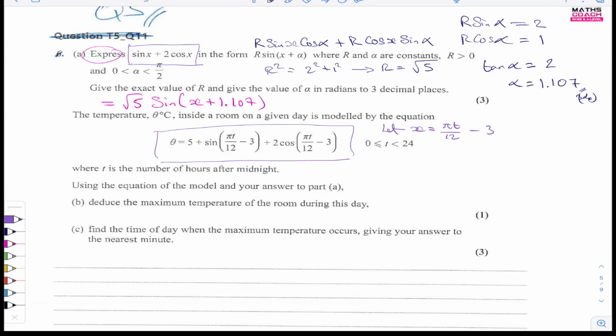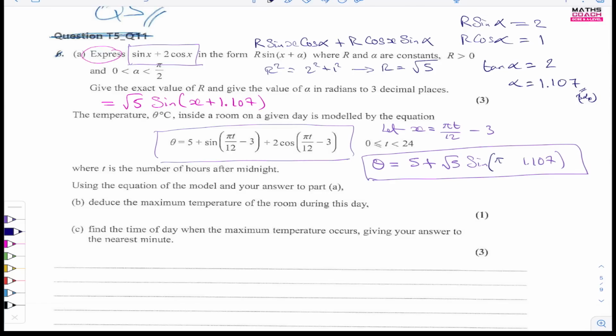If you do that change, then theta can equal 5 plus this sine plus 2 cos, which we can rewrite as the square root of 5 times sine of x plus 1.107. So that's the new formula now for our theta. Only thing is the x has to be replaced with what we changed it into. So that's pi. Oops, I'm going to have to rewrite that bit.